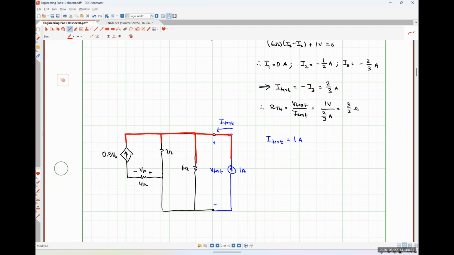So there's one node. Here's another node. And lastly, I've got this guy right here.